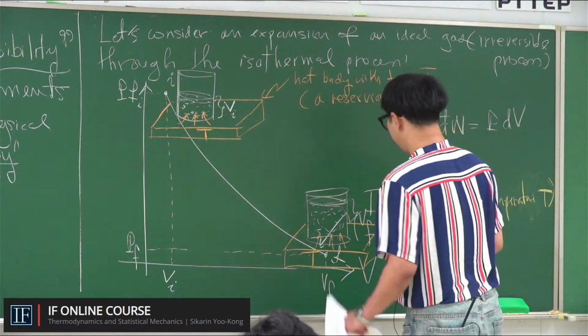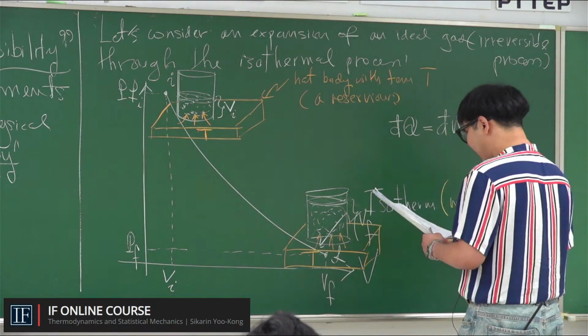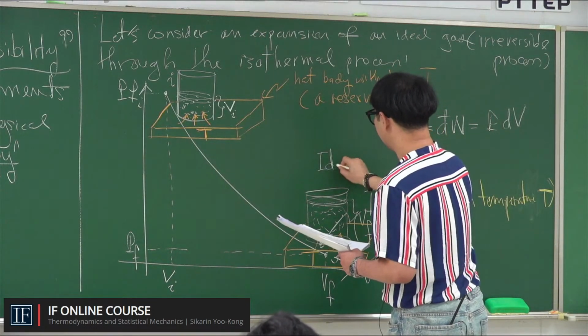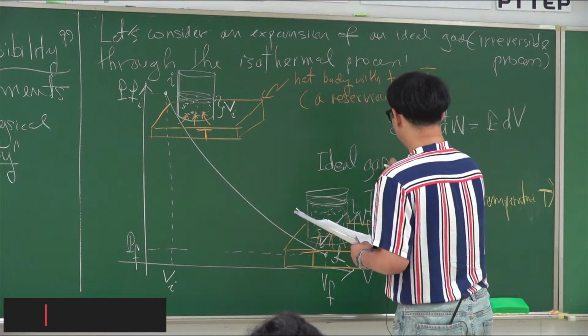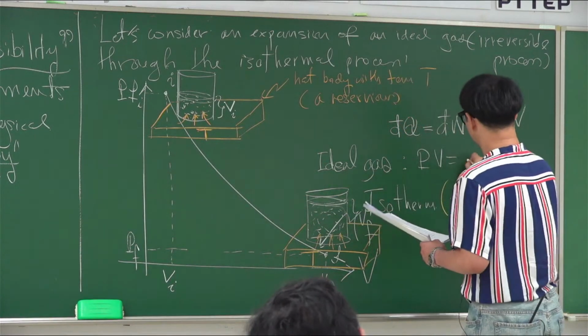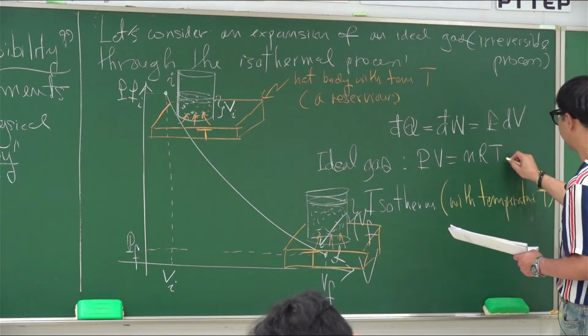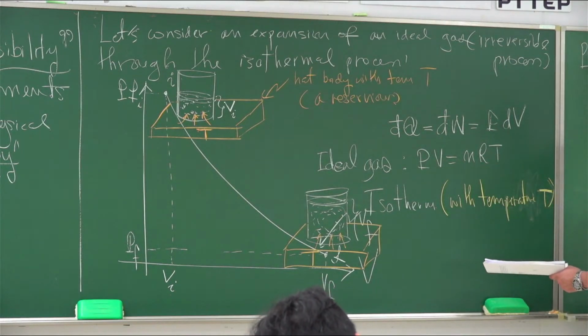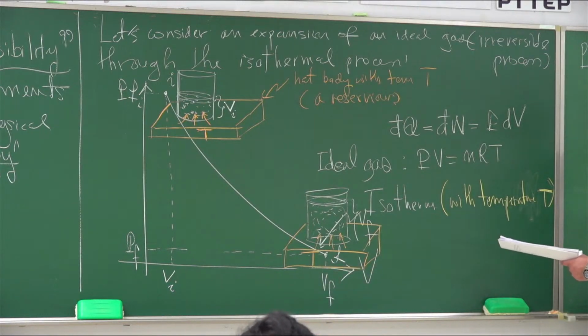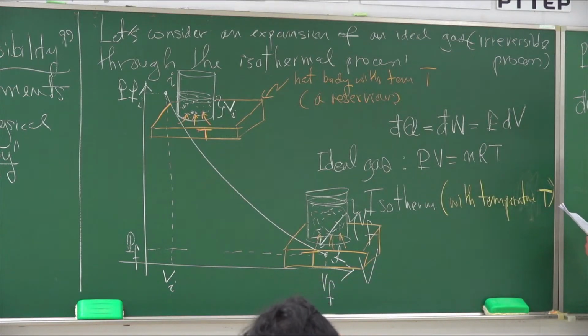Since we're working with the ideal gas, you have this relation, right? Then you can solve for P in this way, and you will get this relation.